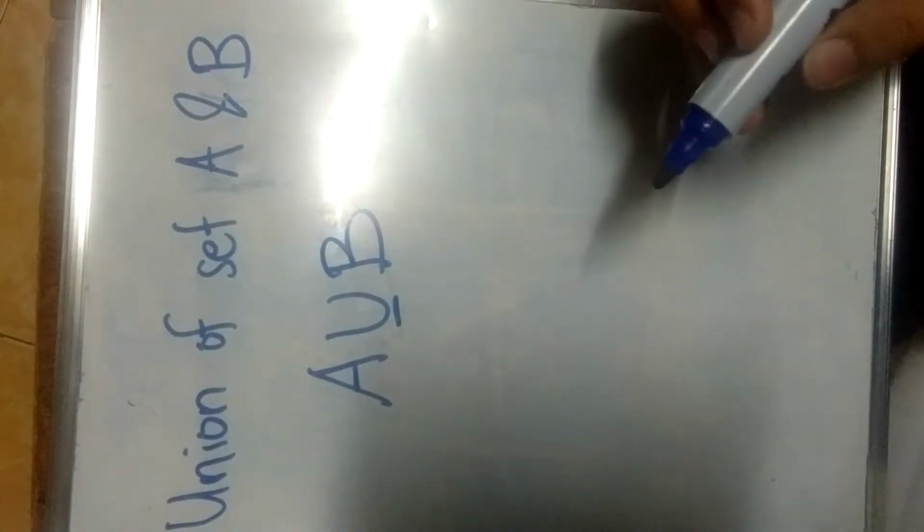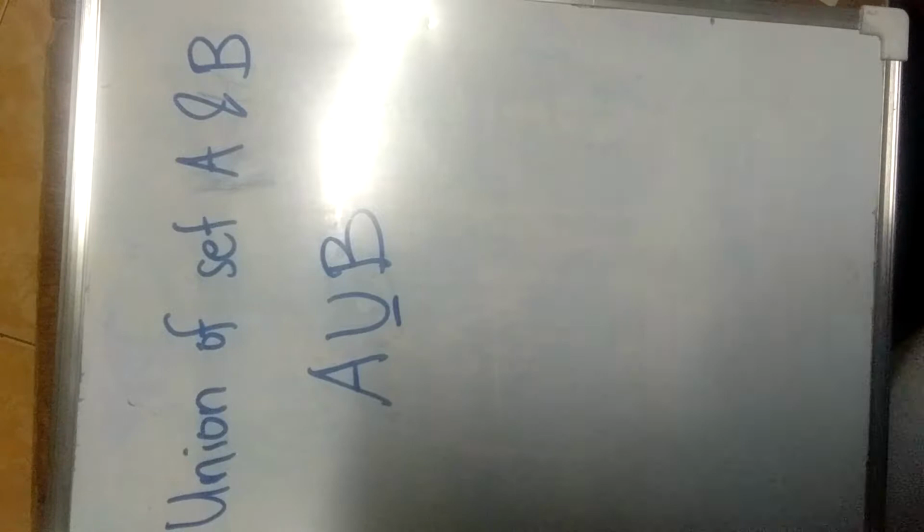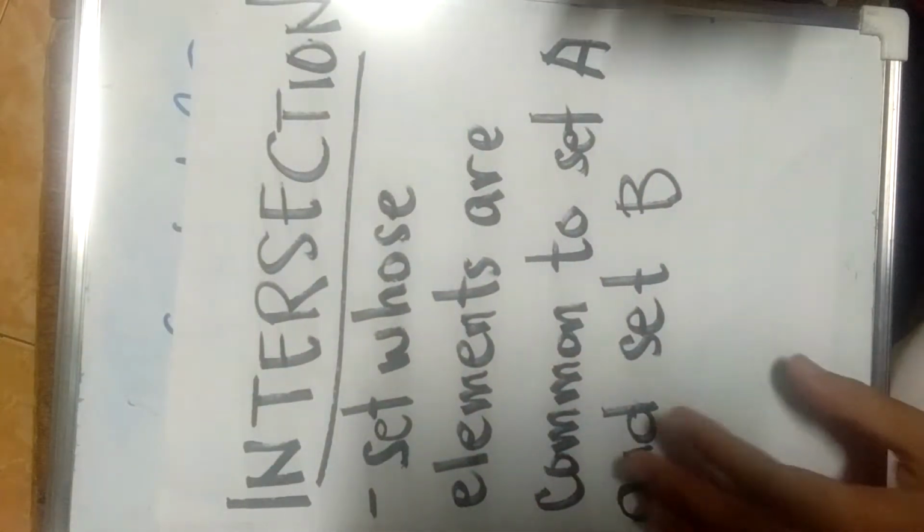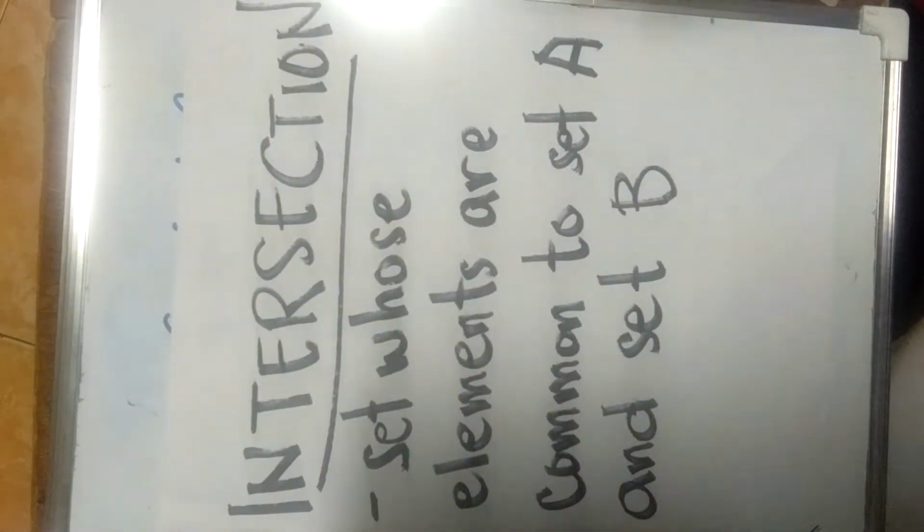Okay, let's move on to the intersection. The intersection of two sets, for example, the intersection of sets A and B, is the set whose elements are common to set A and set B. Okay.